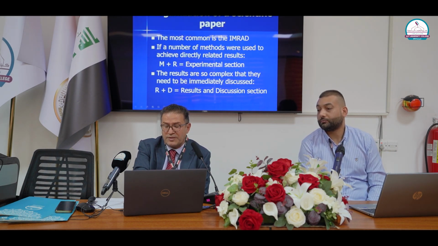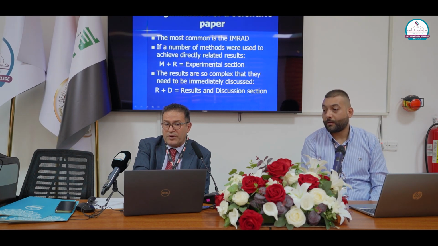So when you mix M and R, we get the experimental section. If we mix R and D, we get results that need to be immediately discussed, in a results and discussion section.